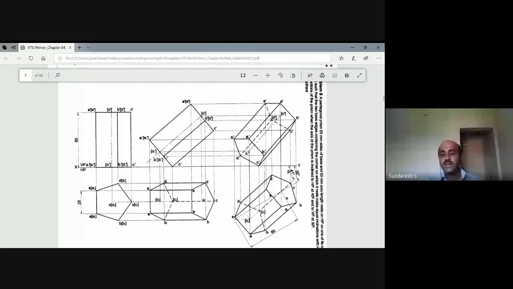Take a convenient distance from the initial position front view, mark C1 dash on the XY line and draw a line C1 dash and C dash of the length of 60 millimeters, and that line should be inclined to HP at 40 degrees. So draw a line for a 40 degree inclination of a length of 60 millimeters that represents C1 dash and C.